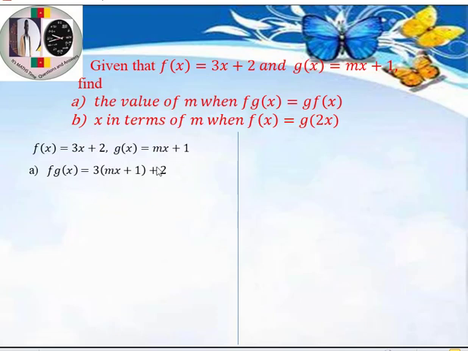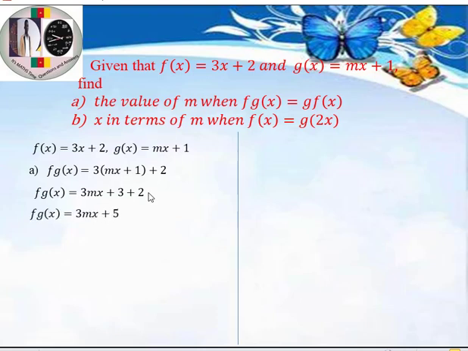If we open up this bracket, we multiply 3 by mx and 1 by 3. So we have 3mx plus 3 plus 2, and 3 plus 2 is 5. So we have f g of x equals 3mx plus 5.